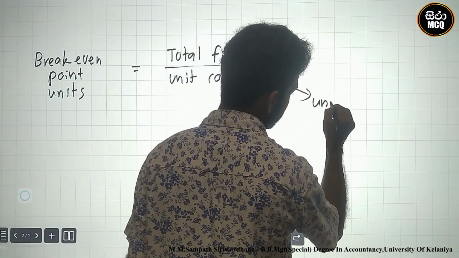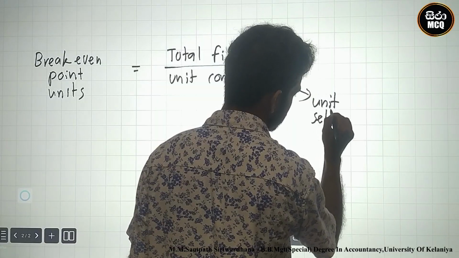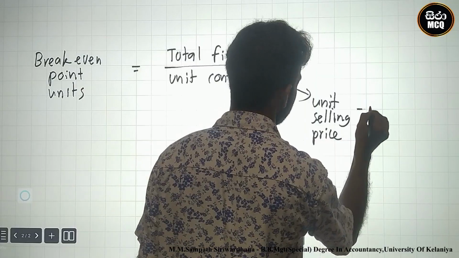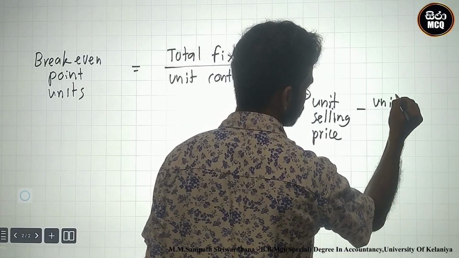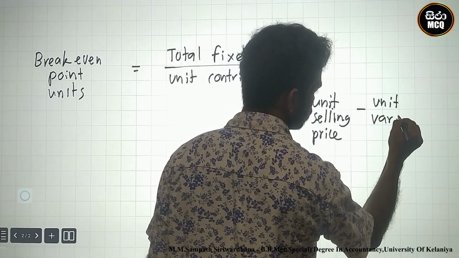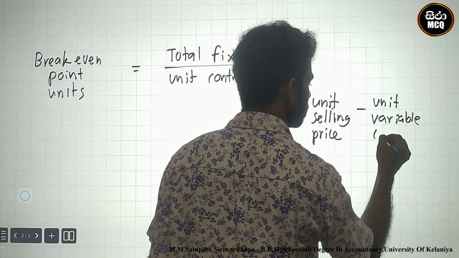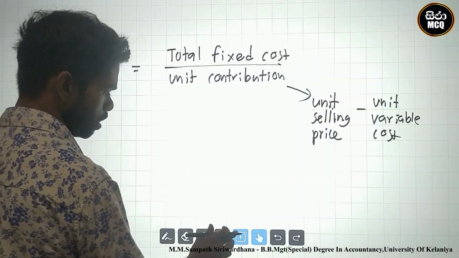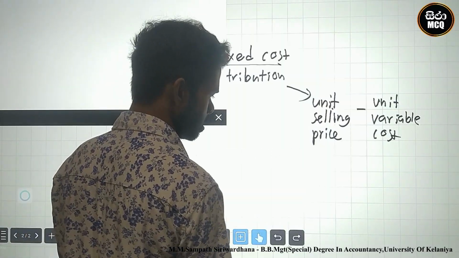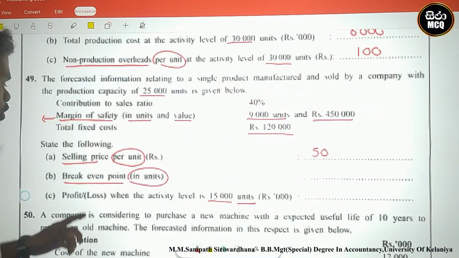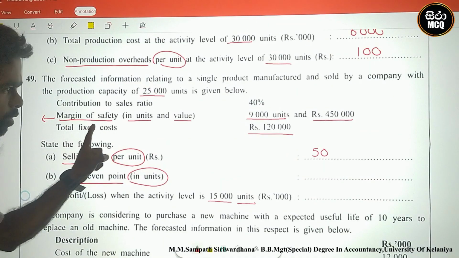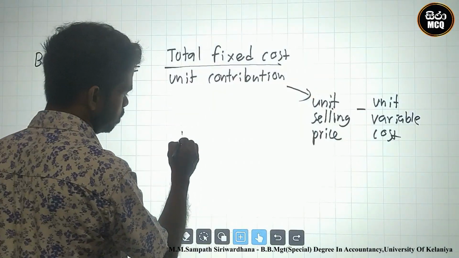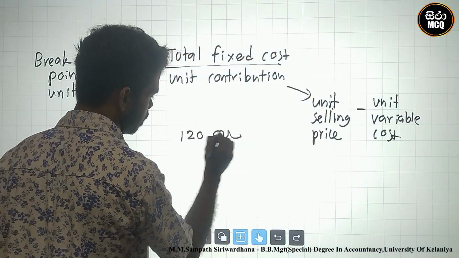Unit contribution is unit selling price minus unit variable cost. The total fixed cost is directly supplied: 120,000.